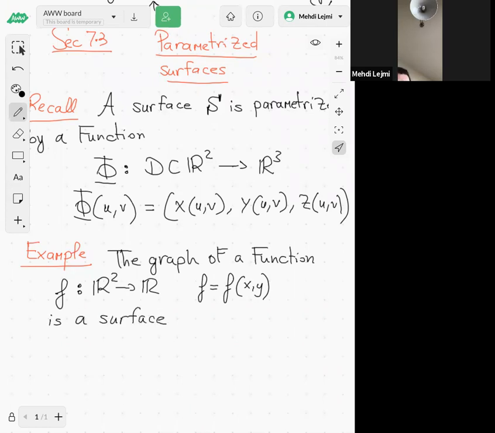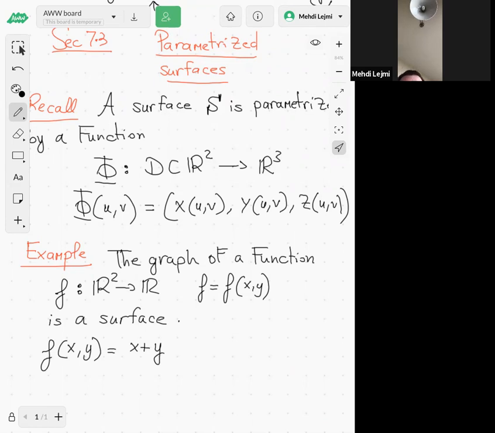Let me give you a numerical example. Let's say f of xy, a function of two variables, is equal to x plus y. This is like what we do for a function of a single variable.